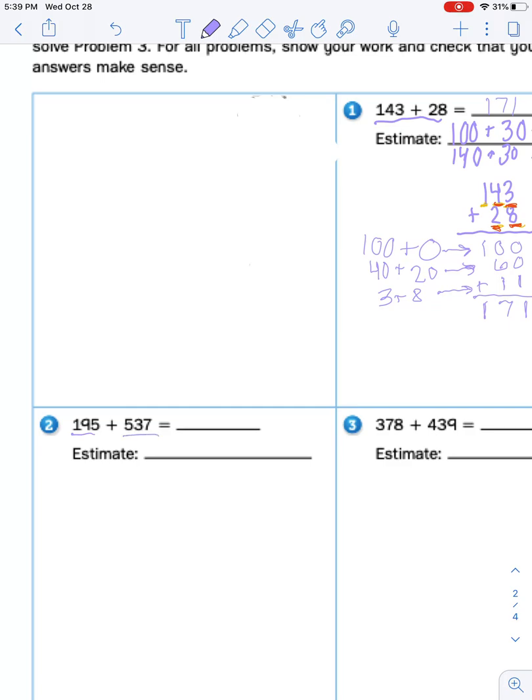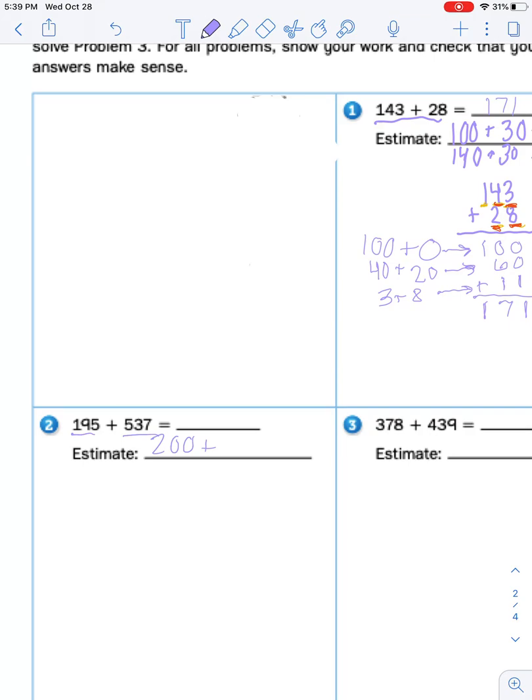All right. First, I need to do my estimate. I see that 195 is super close to 200, so that's an easy number for me. I'm going to put 200 plus, and then you could either say that 537 is super close to 540, or close to 500.